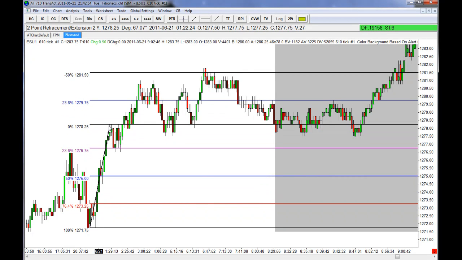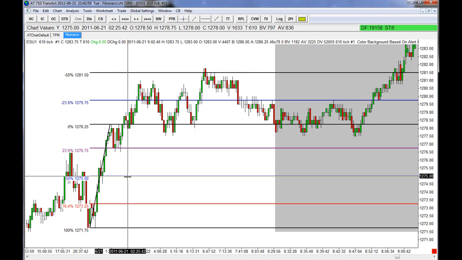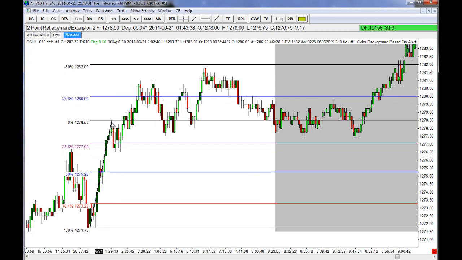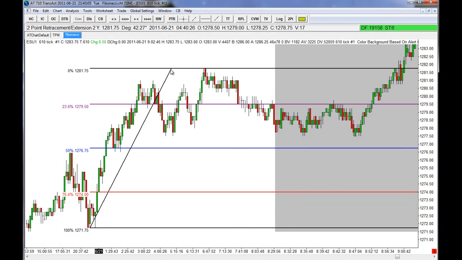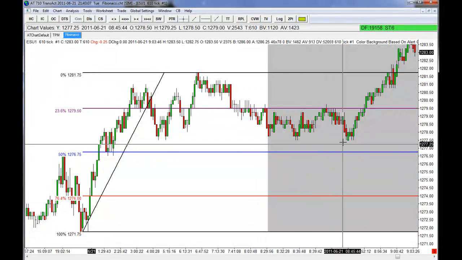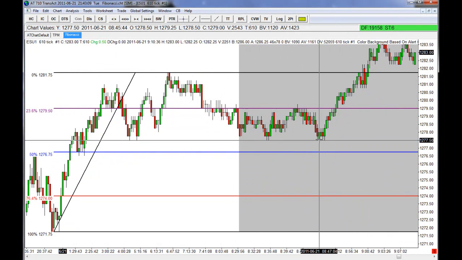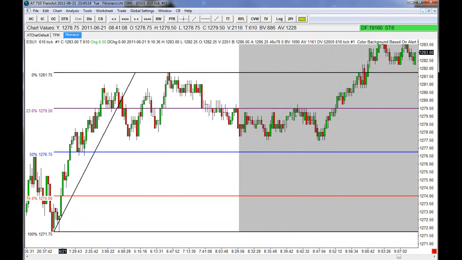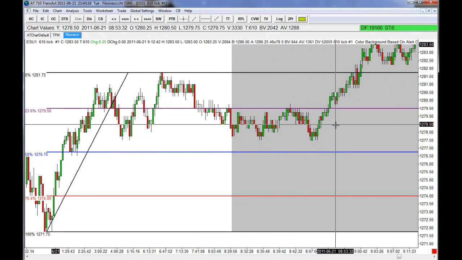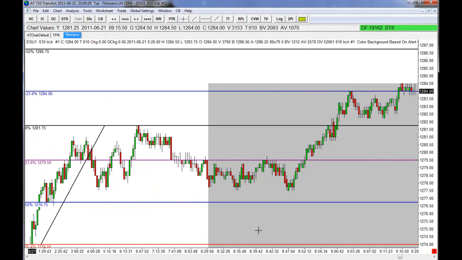Because you can see to the first high where I drew the first fib, it never retraced down to the 50% level. So you would have had to move your 0% line up here, and then you wouldn't have gotten the trade that I got here in this area, and then price just continued to move up.